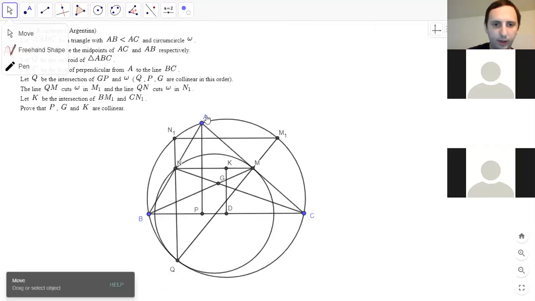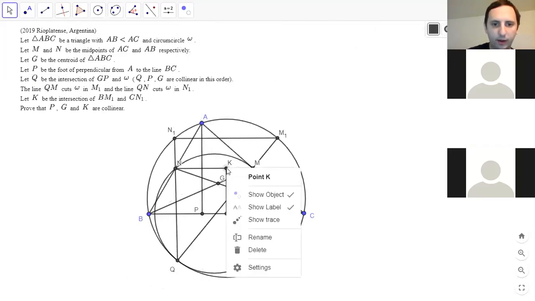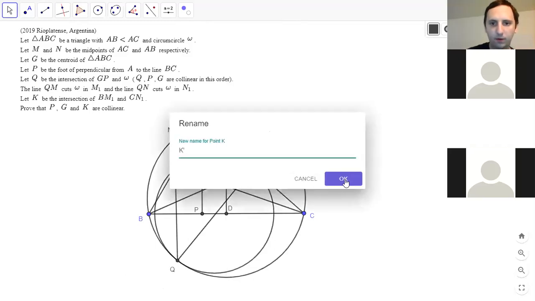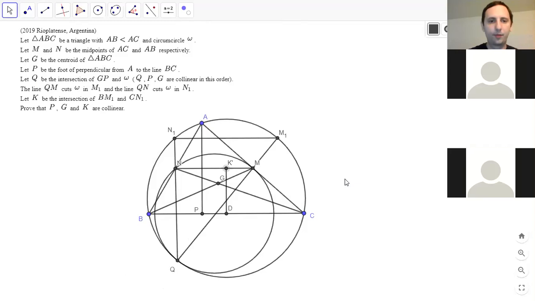And so I'm going to rename it. We want to show that, so first we would have to show that N1, K prime, and C are collinear. Is that obvious? No. But basically, we have proved that BM1, CN1, and MN intersect on MN, and we know that that point lies on the perpendicular bisector of BC.